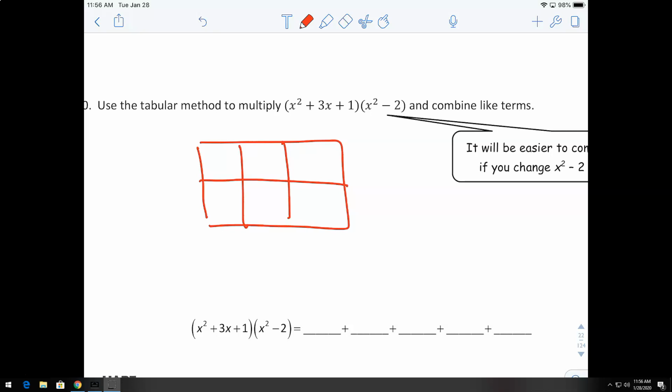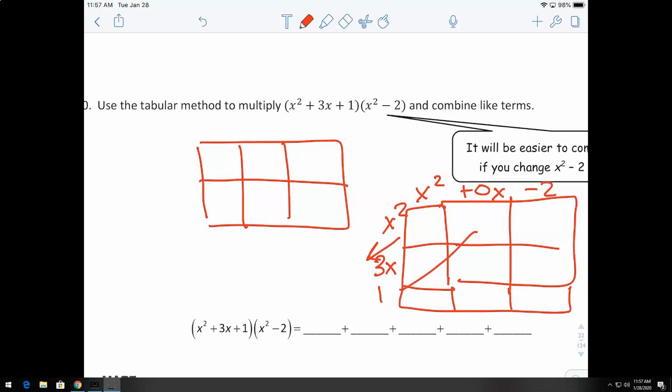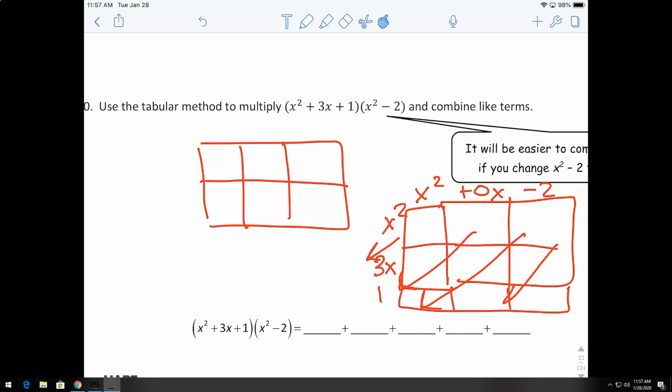They say it's easier if you make it a 3 by 3, and you change that x squared minus 2 to be x squared plus 0x minus 2. The reason why they like that one is because they like to be able to go across and add. It's your choice, whatever you like.